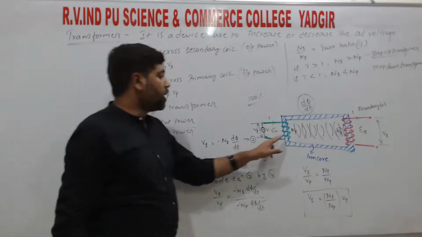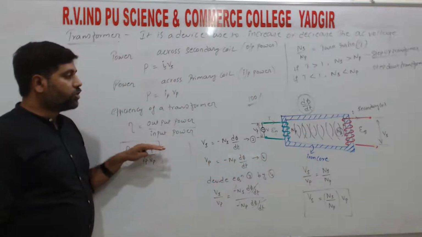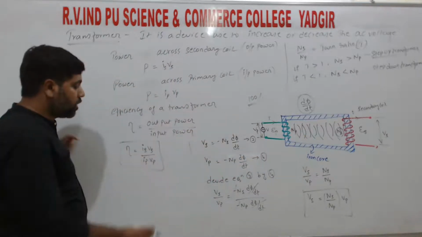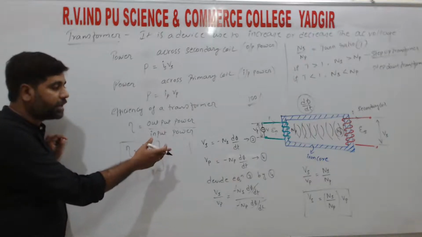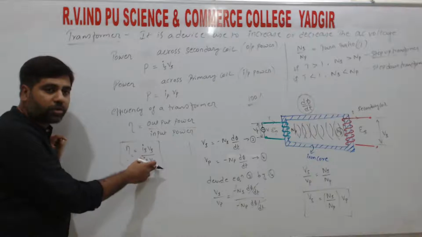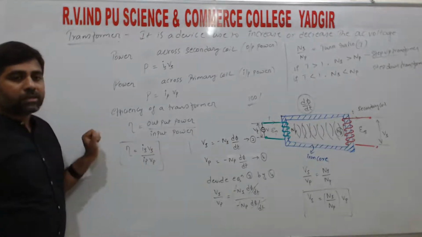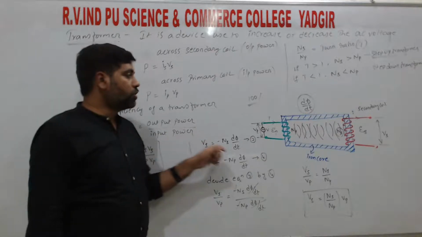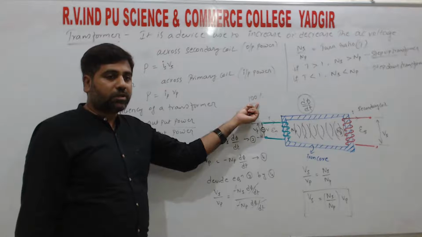So here some losses are there, so hence we are not getting the 100% efficiency of the transformer. So we don't always get as much output as the input we give. Only in ideal cases do we get as much output as the input supplied. So in regular cases there are some losses in the transformer, so due to those losses we are not getting the 100% efficiency.